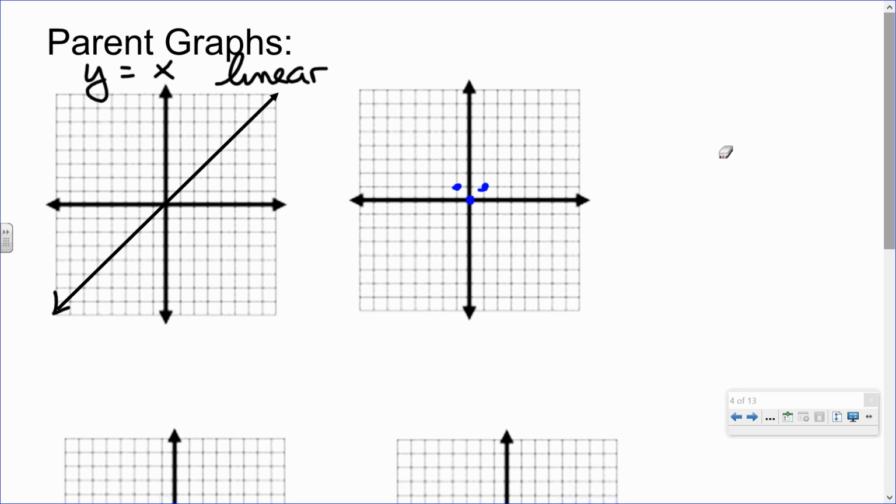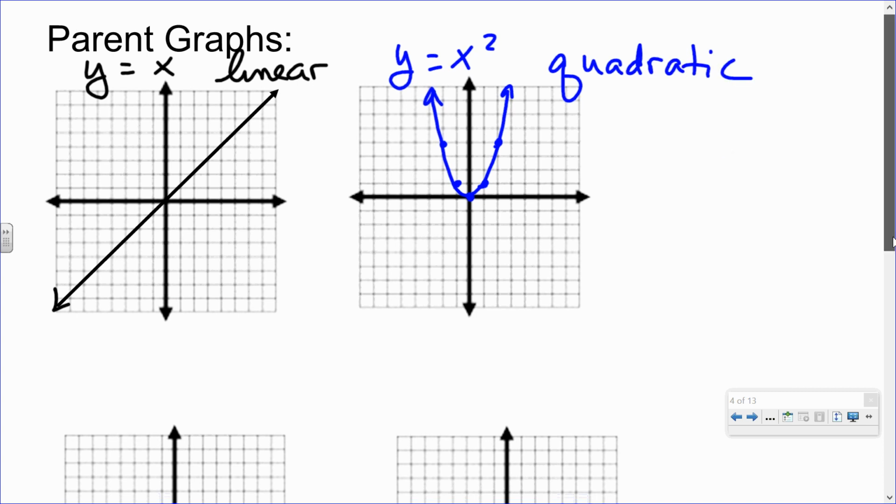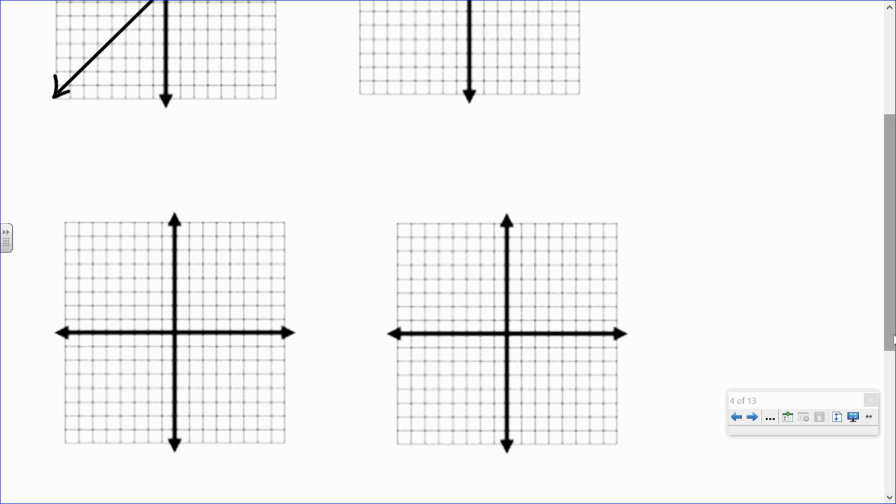So I've got 1, 1 and 2, 4 here, drawing a nice parabola as best I can. Arrows on both ends, y equals x squared, and those are our quadratic functions. The one that we just talked about would be our cubic functions. Just label that cubic. And that's going to go through 0, 0, 1, 1, 2, 8, -1, -1, -2, -8.